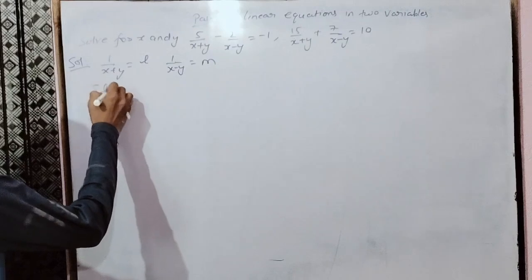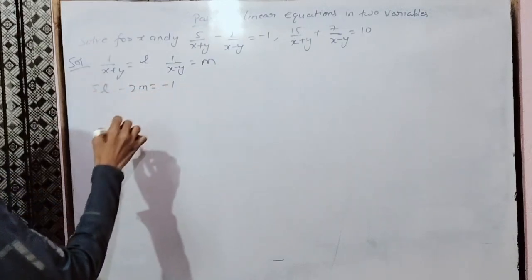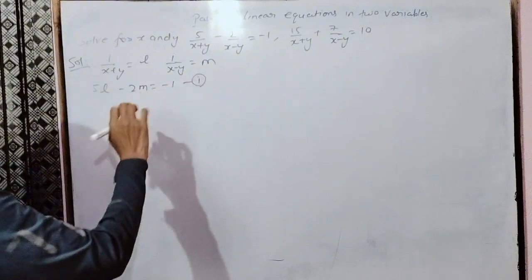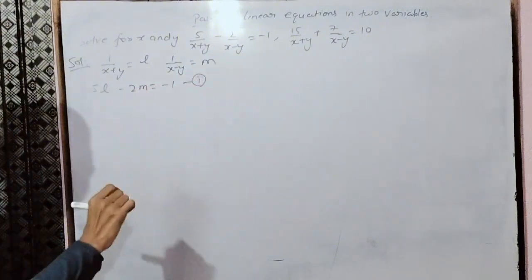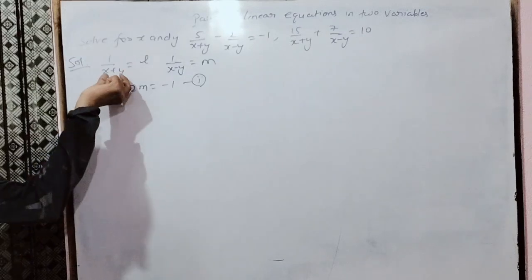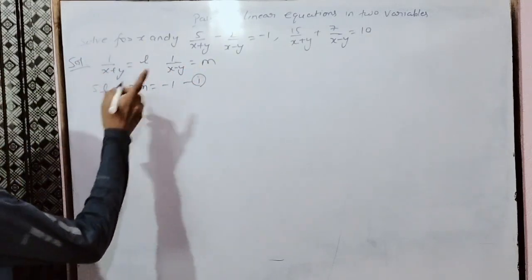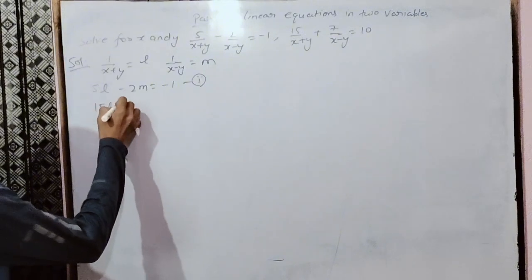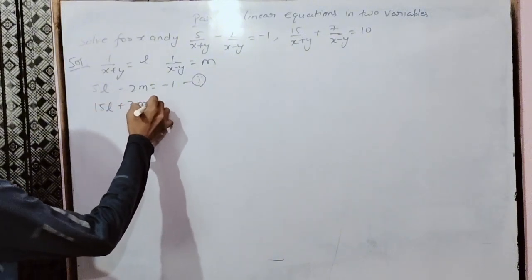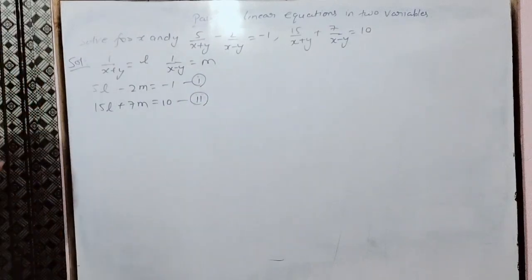So can we write 5l minus 2m is equal to minus 1? This is equation 1, and now it is looking very simple. That's why we have taken this as this. Now next is 15l plus 7m is equal to 10, which is the second equation.